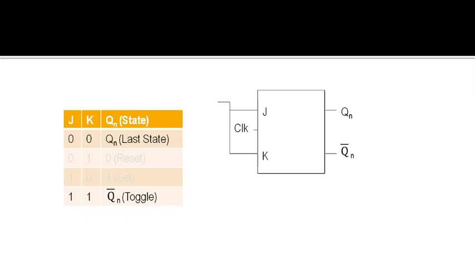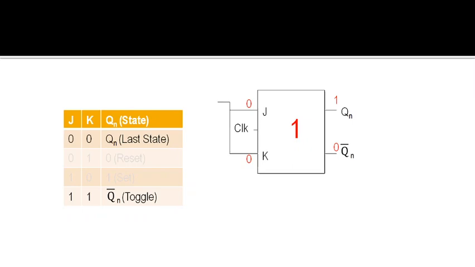Therefore we don't have this combination. So for the truth table, let's first study if we provide 0 at this terminal. This 0 will travel to J and K terminals and the flip-flop will be retaining the last state.